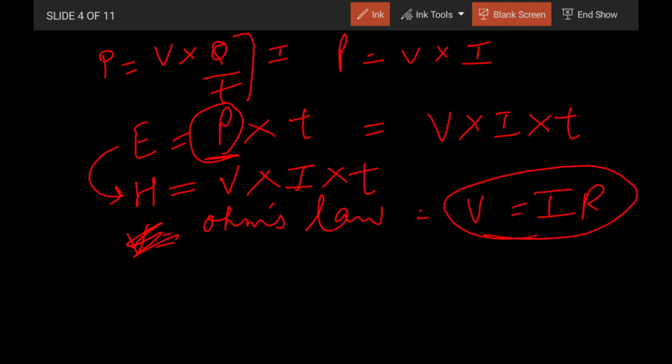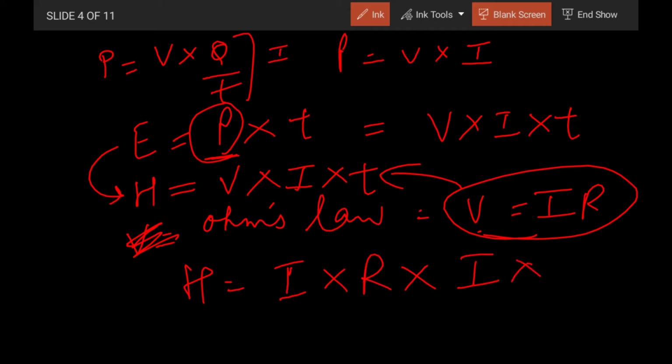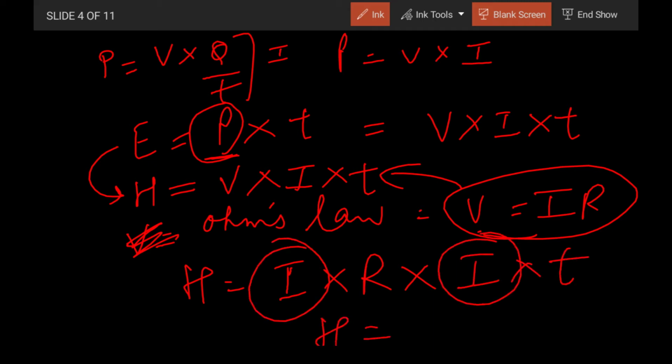So putting the value of V in it, we get H = I into R into I into t. We get the square of I, so H = I square Rt. We'll write it in green or red pen so that you can make it clear. I square Rt.